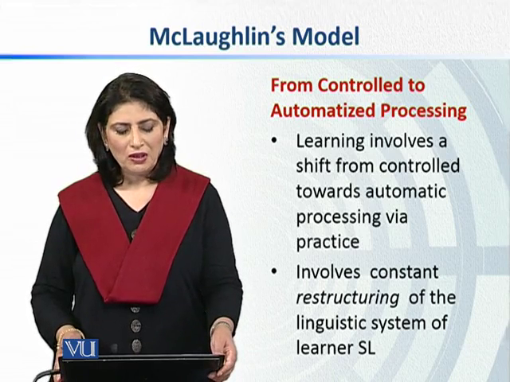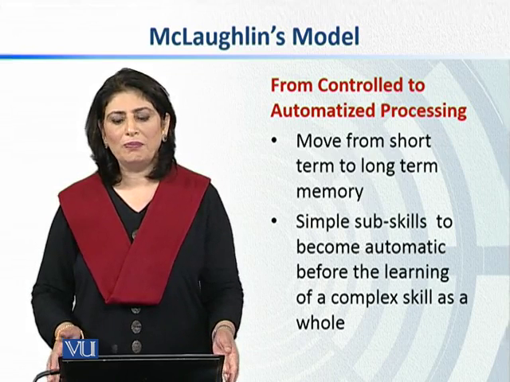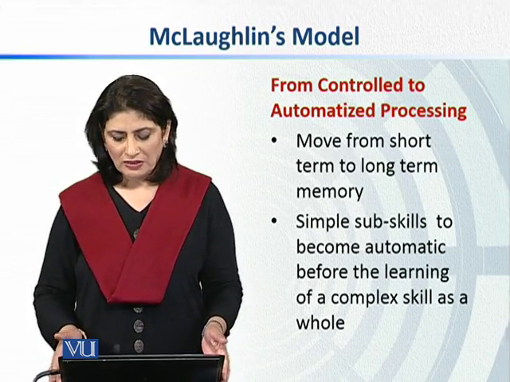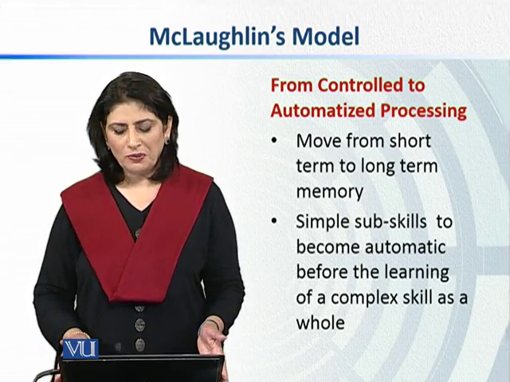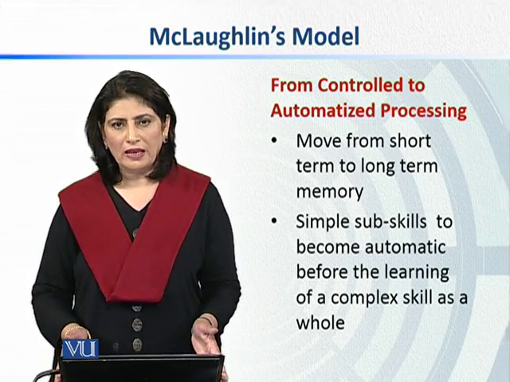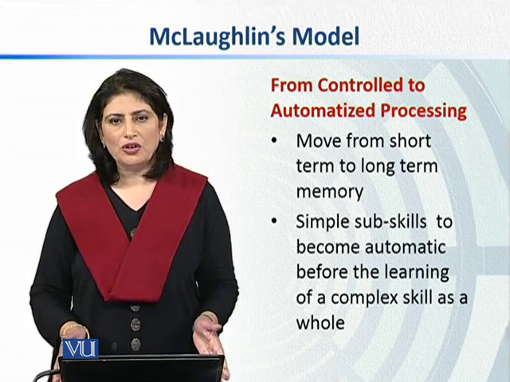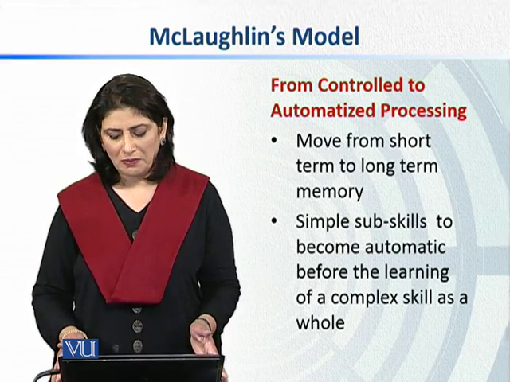However, in this process of automation, there will be a constant restructuring of the information, and there will always be a move of certain subskills that you have learned from the short-term memory to the long-term memory.